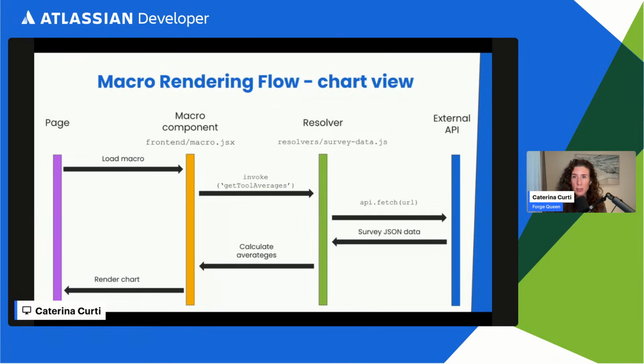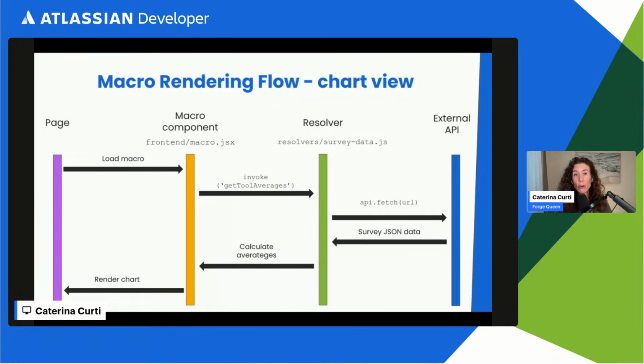When Confluence loads the macro, the component is going to be retrieved from the front end of our app, from the macro.jsx file. That file contains the logic to invoke the backend function called get tool averages. That's because in the chart view, we were only showing the averages of the satisfaction for each tool.